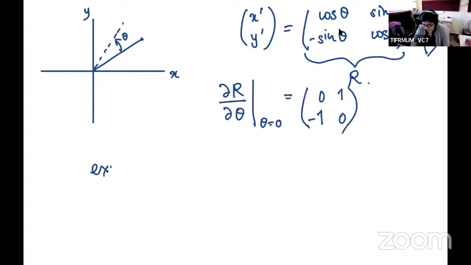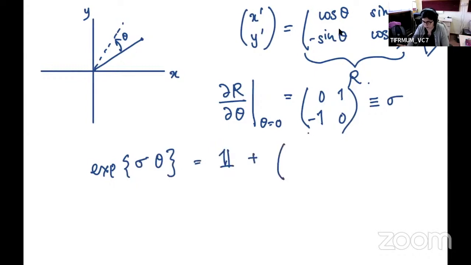And if you look at the exponent, let me call this guy sigma. If you look at the exponent of theta sigma, the first term is going to be 1. The second term is sigma times theta, which is going to be 0, theta, minus theta, 0, which you notice right away is the first term in the Taylor expansion of sine theta.